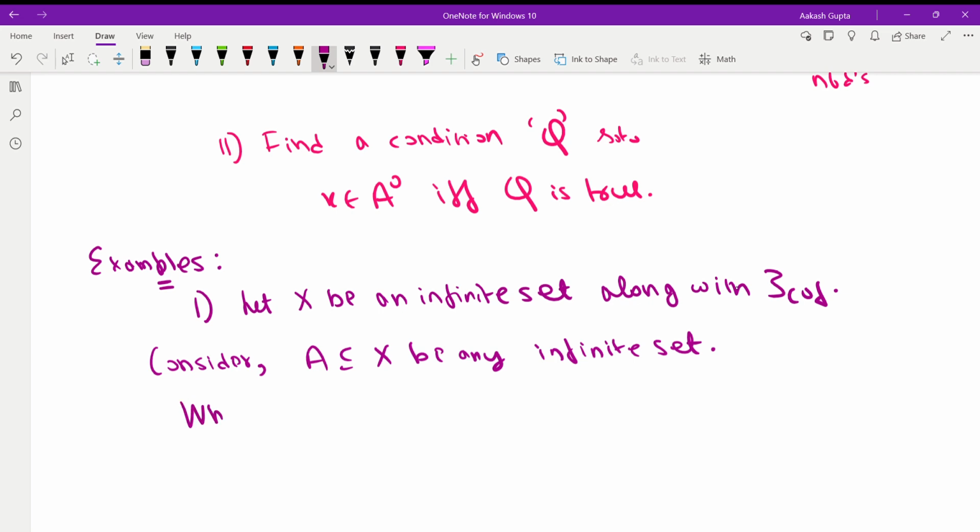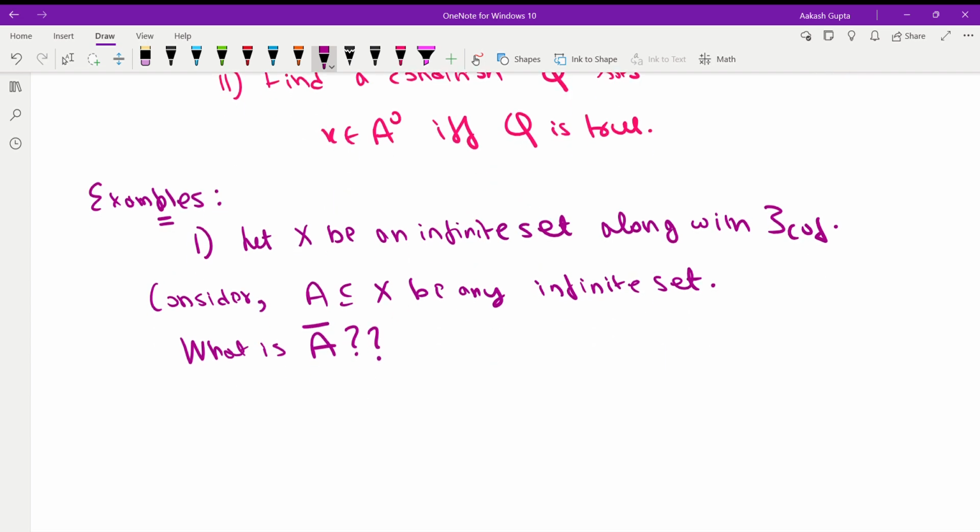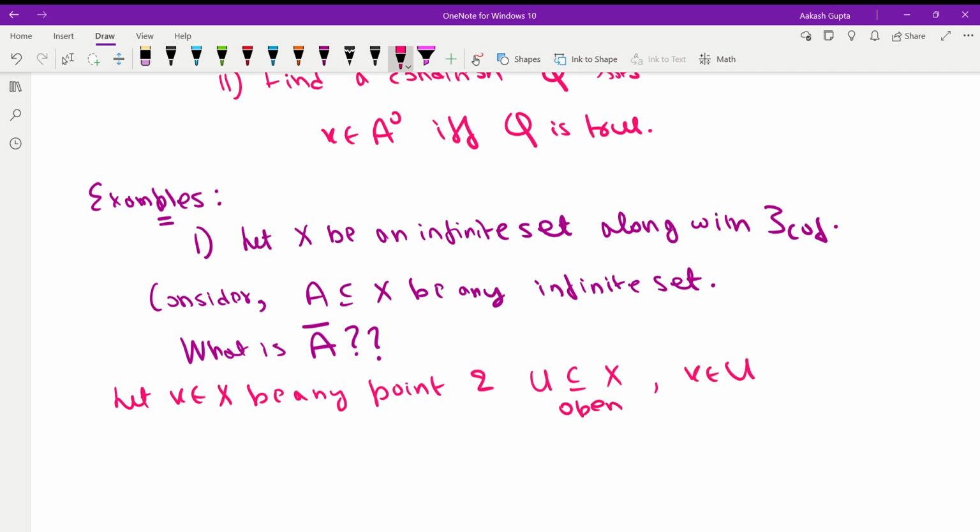What I want is, what is A closure? Let us see. So let x belong to X be any point, and U contained in X be open such that x belongs to U. You see, I'm using that criterion for when a point qualifies to be inside a closure.